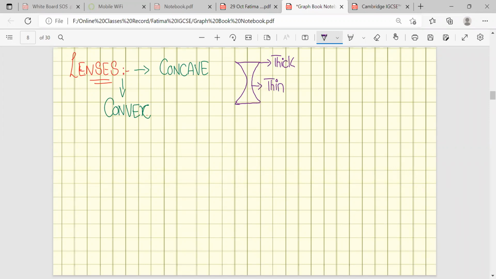And convex lenses are like this. These lenses are thick at the center and thin at the edges, right?